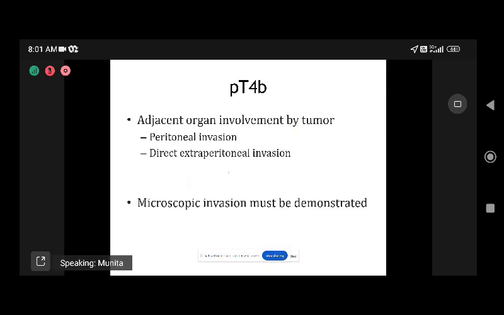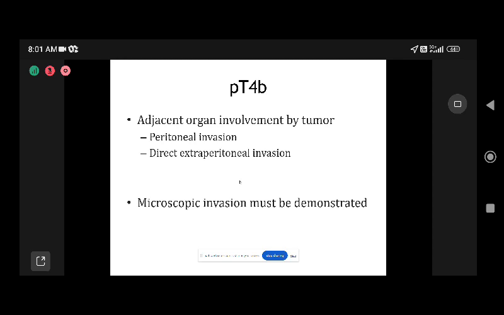So T4B is the adjacent organ involvement through peritoneum, and in the rectum you can have direct extraperitoneal extension. It has to be microscopically determined. Just attachment of a bowel to a small intestine may be fibrous adhesions, and that may not amount to T4B.